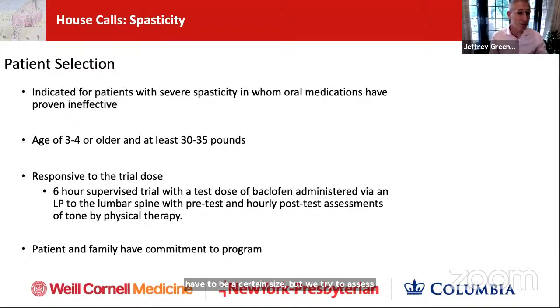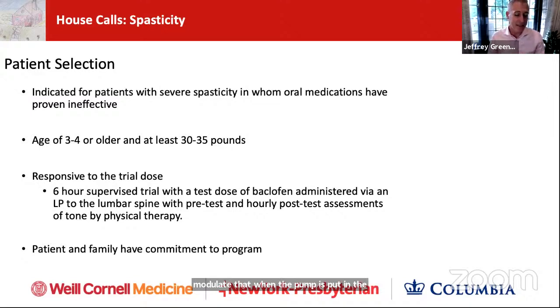This is something that some children go through, not all. This is basically a single test dose, so the family and the caregivers can assess the response to that test of baclofen intra CSF. And once we know that the response has been adequate, even if it's too high or too low, we know that we can modulate that when the pump is put in.